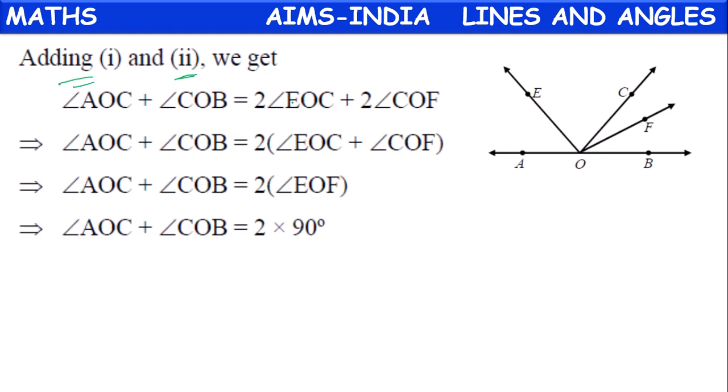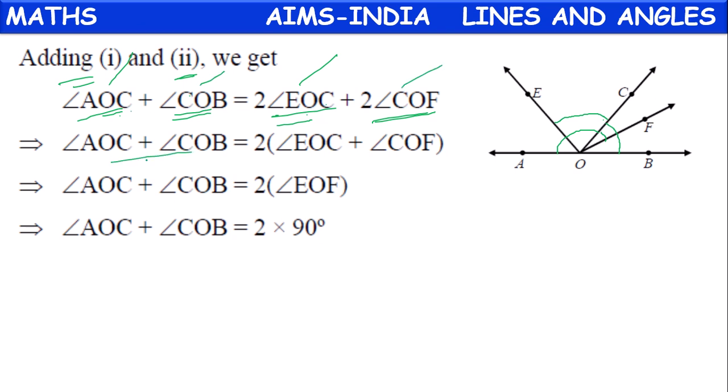So adding 1 and 2: AOC plus COB, big angle plus big angle, equals 2 EOC plus 2 COF. We can convert each big angle into 2 times the small angle.